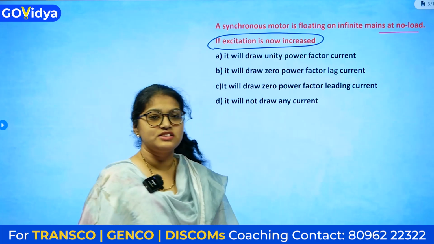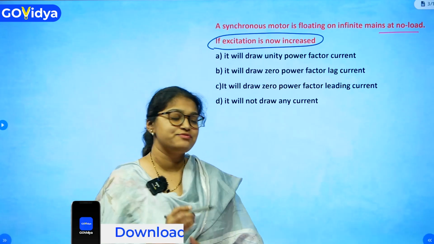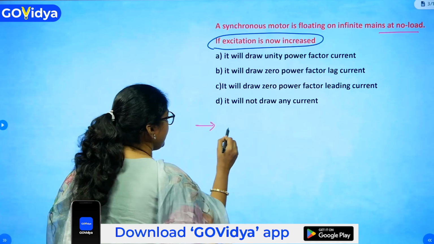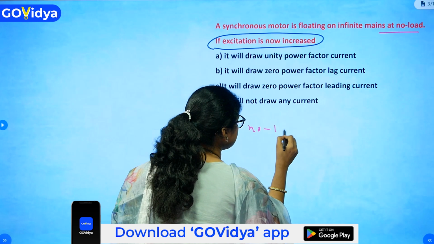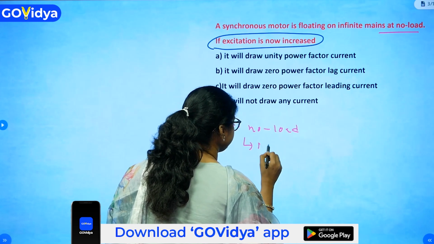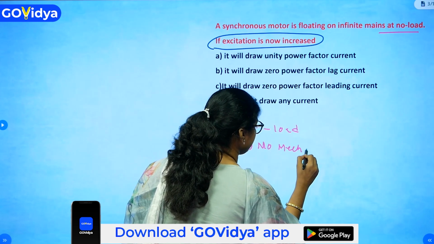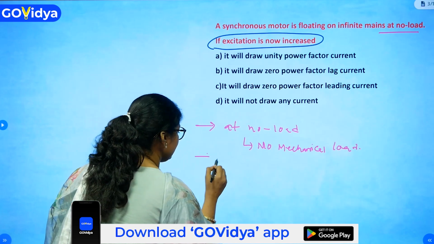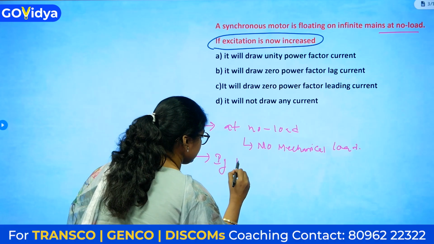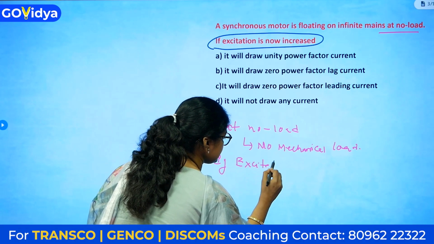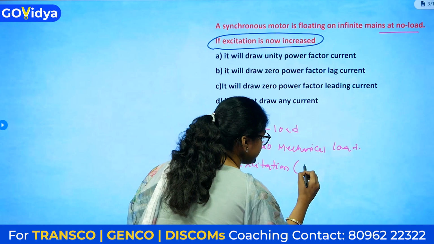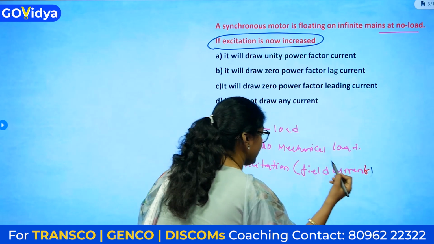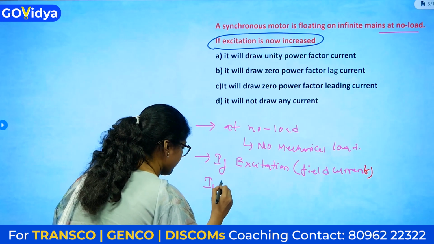But if the excitation is increased, what does the excitation mean? Excitation is nothing but field current. If the field current, if IF increases, what happens?